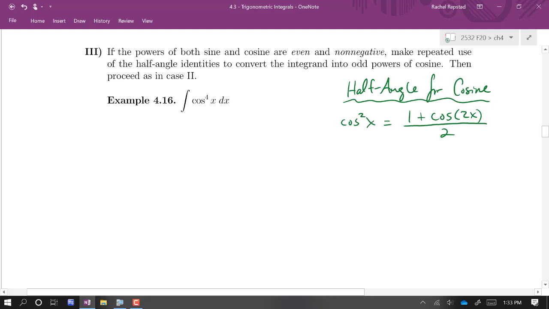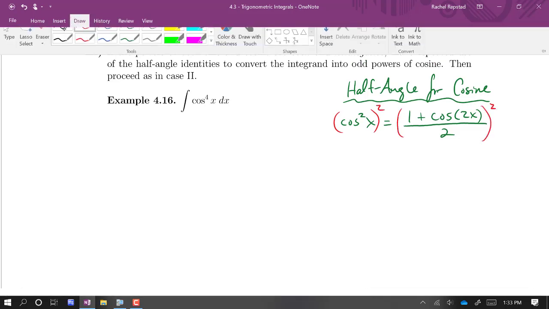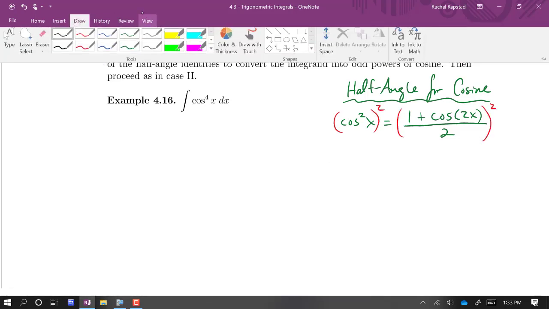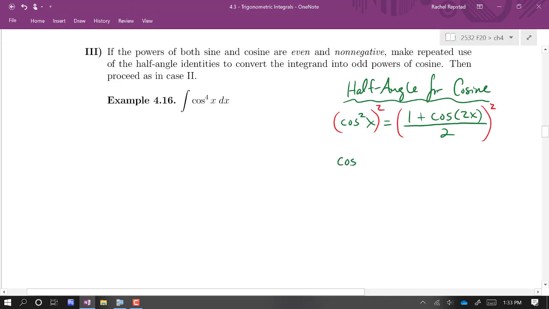And we have cosine to the fourth x, so we're going to square both sides. I'm going to square the top and square the bottom. So we've got a factor of 1/4. And I'm going to FOIL out the top. So we get 1 plus 2 cosine of 2x plus cosine squared 2x.